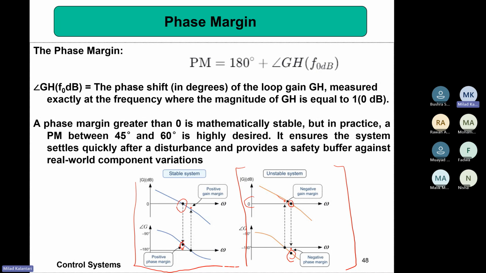So there should be some point in between where the criteria for oscillation is met. So here we say that there is negative phase margin. So this system can be unstable, but this system is stable because the phase has still not reached 180 degrees.